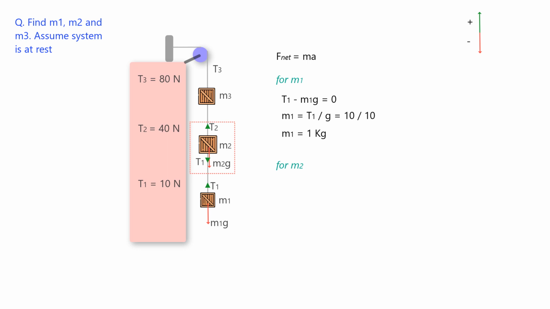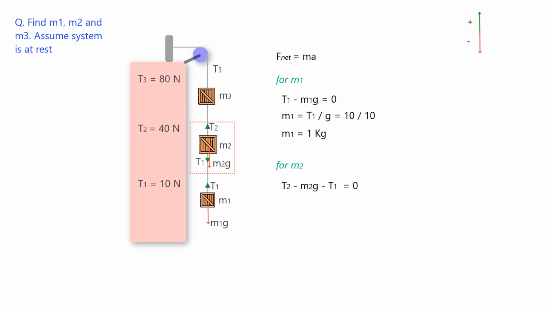So now we have three forces acting on M2. So let's go ahead and write the equation for mass M2. We have T2 acting in the upwards direction, therefore positive. M2g acting in the downward direction, therefore negative. And tension T1 acting in the downward direction, therefore negative again. Mass M2 is stationary, therefore acceleration is 0, and so we'll equate it to 0.